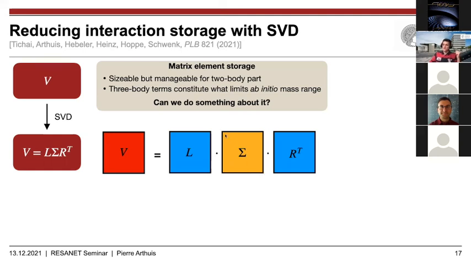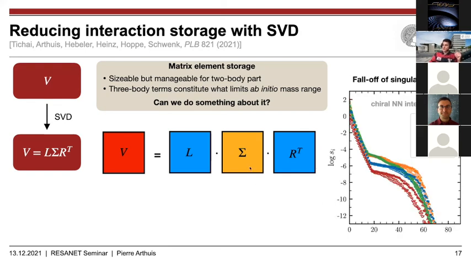In sigma, the diagonal elements are what we call the singular values of your first matrix V, and those values are ordered depending on their magnitude. Each one codes for one contribution, giving you the magnitude of one specific contribution to the overall interaction.